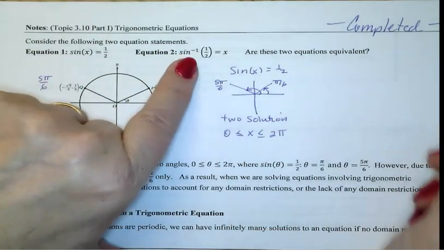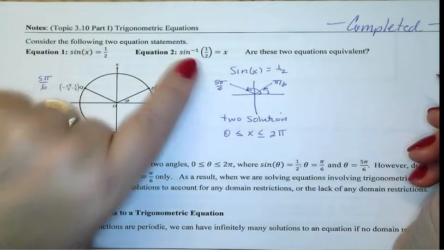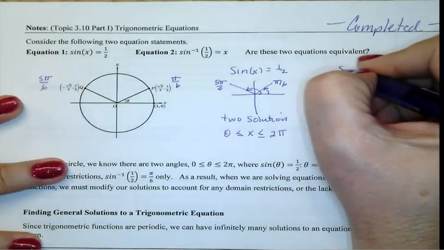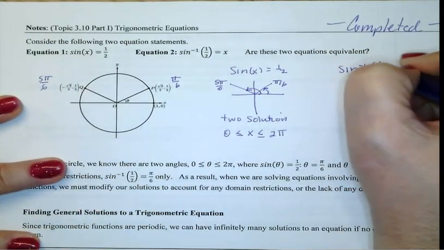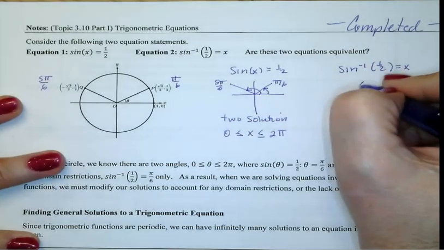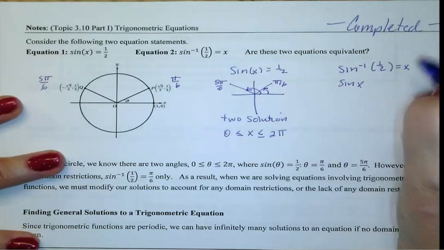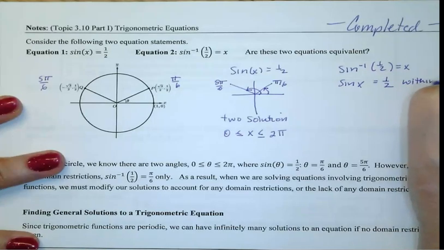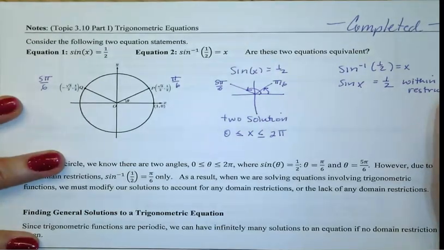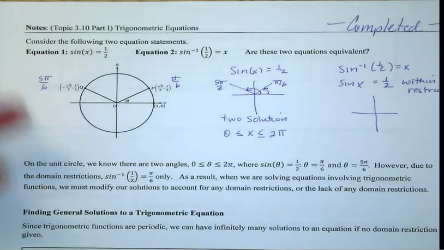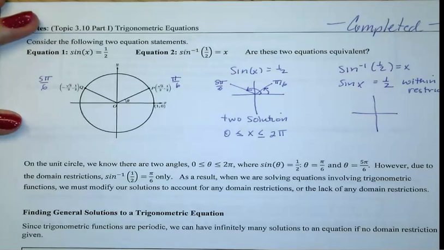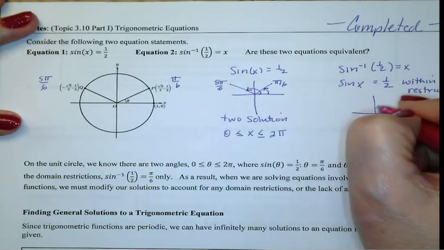But if we look at this equation, remember this means what angle has a sine value of 1/2 within the restriction. If I remember from the last lesson, sine is restricted from negative pi over 2 to pi over 2.